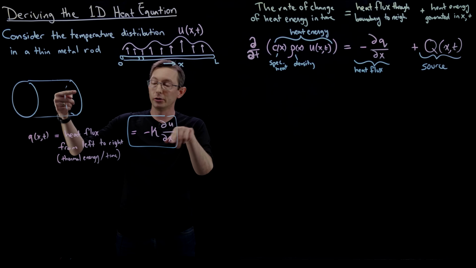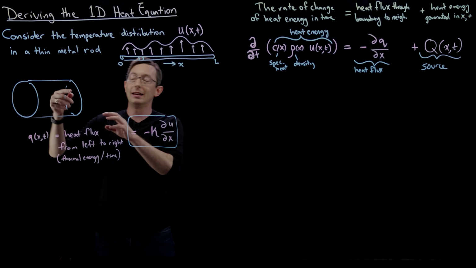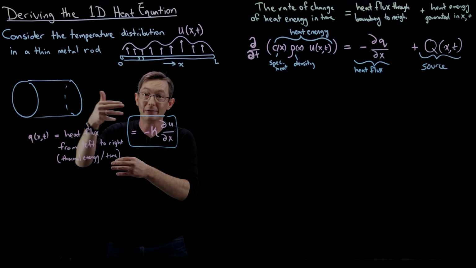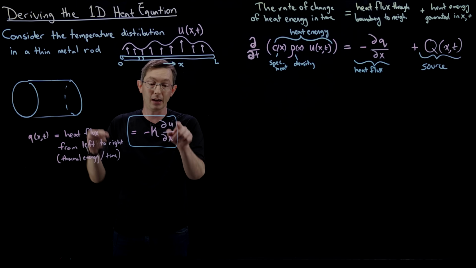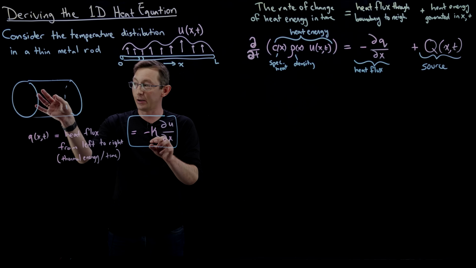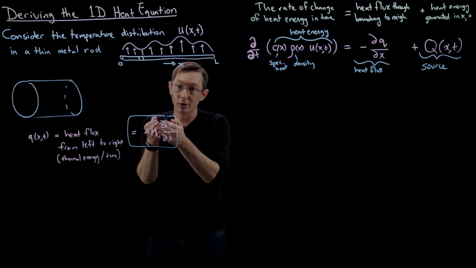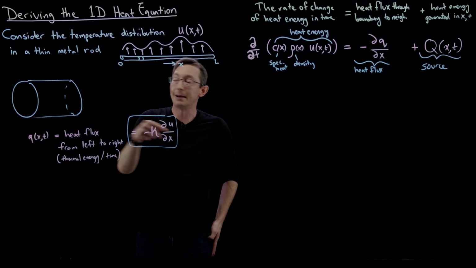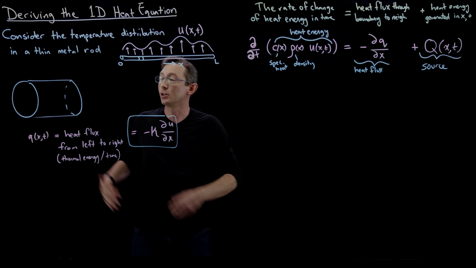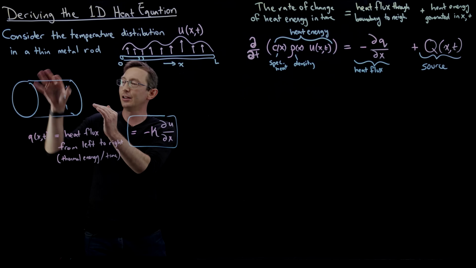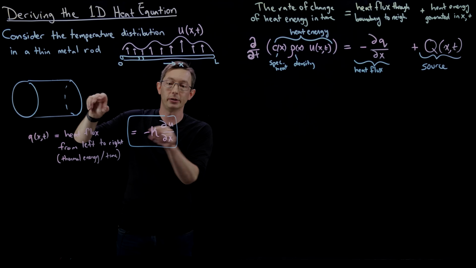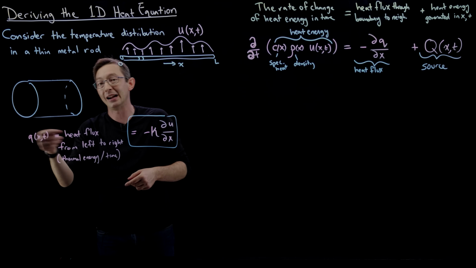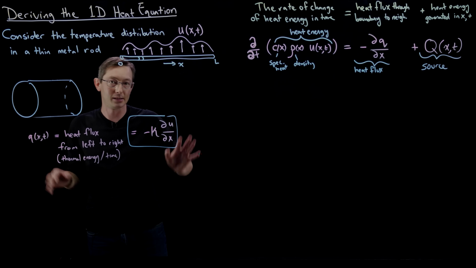If I have that partial u partial x, then I expect there to be a large heat flux at that location. Okay, so the heat flux at a location x is directly proportional to the gradient of the temperature at that point x. So if I have a really steep temperature gradient, really, really hot on one side, really, really cold on the other, this is a big number, and I get a lot of heat flux. This is common sense, okay?